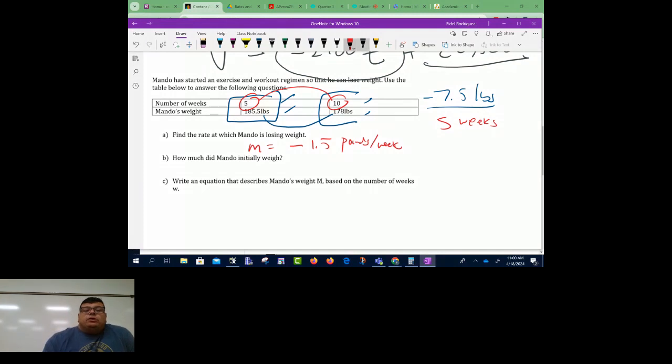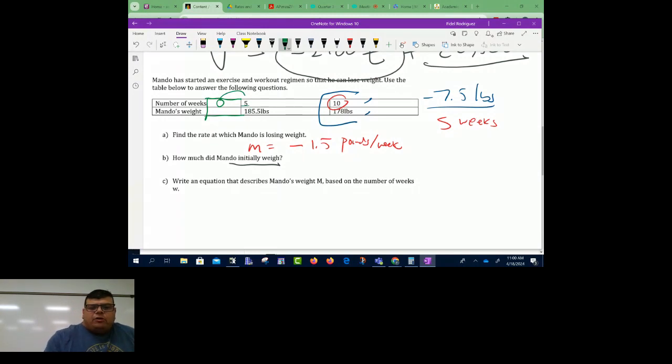Now, y'all, we want to figure out how much did he originally weigh? Okay, so how much did he weigh when we first started off? So, y'all, if you think about this for a second, suppose I were to make another little thing right here. I want to know, what did he weigh in week 0 before he got started? Well, look, y'all, he was losing 1.5 pounds every week, right?